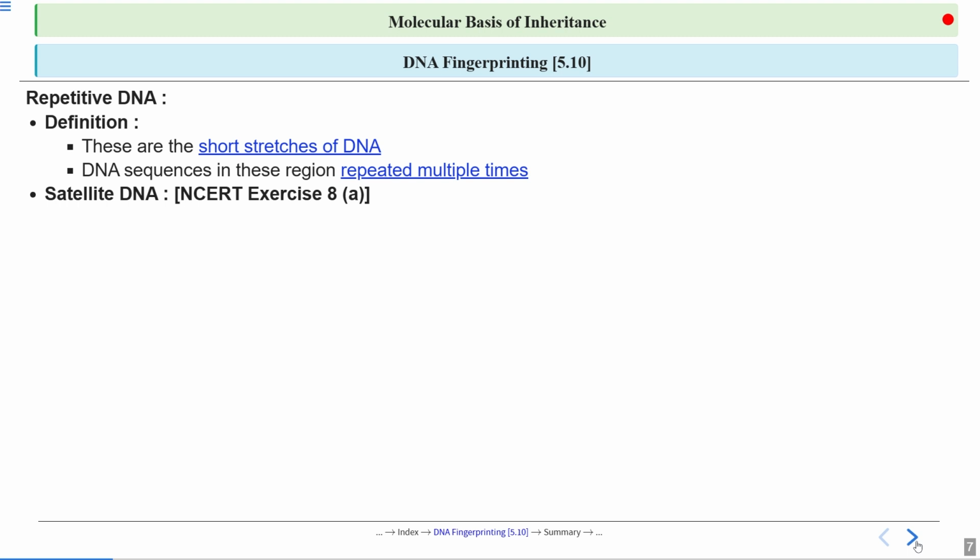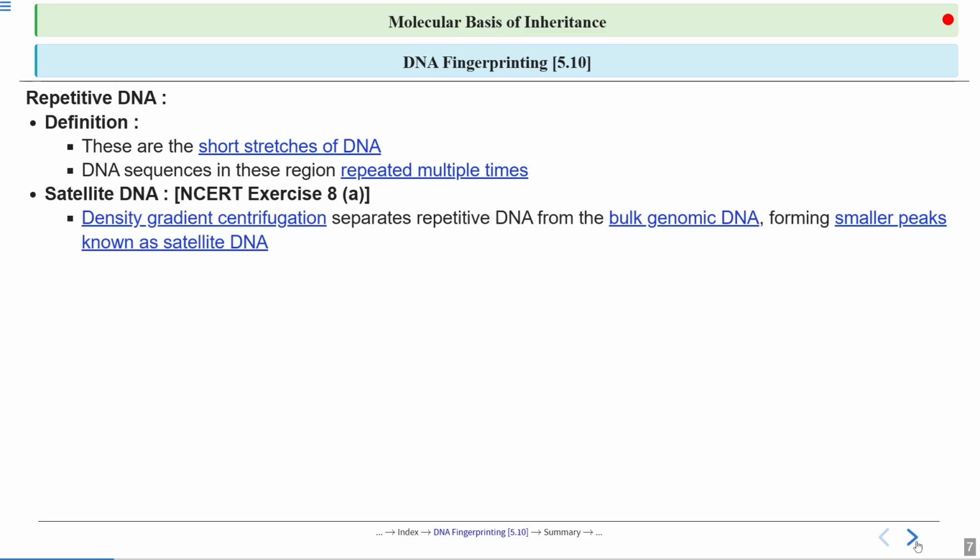Now we will talk about satellite DNA. This is NCERT; from here, you can answer NCERT exercise 8A. When density gradient centrifugation is done for this repetitive DNA, we centrifuge and the components separate on the basis of density. This is what we call density gradient centrifugation.